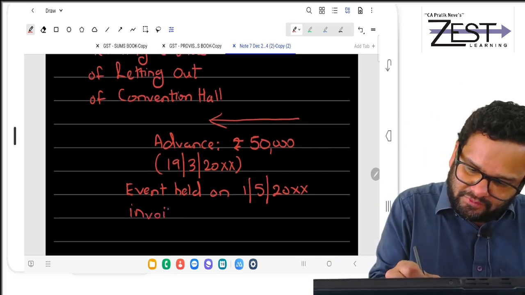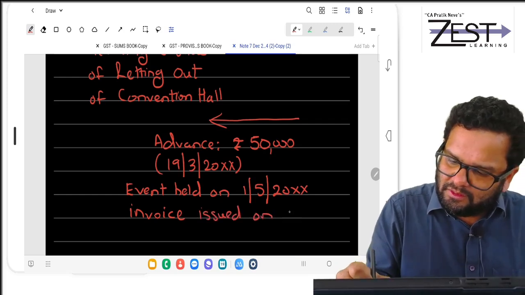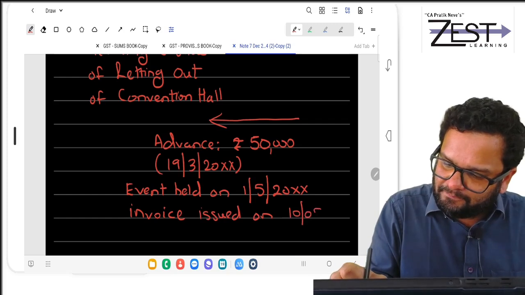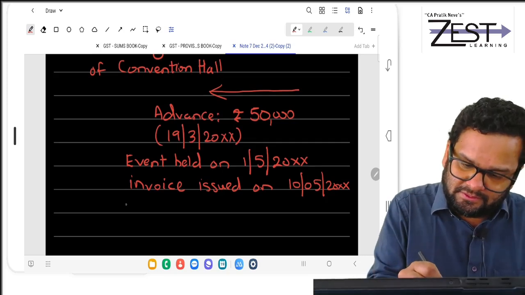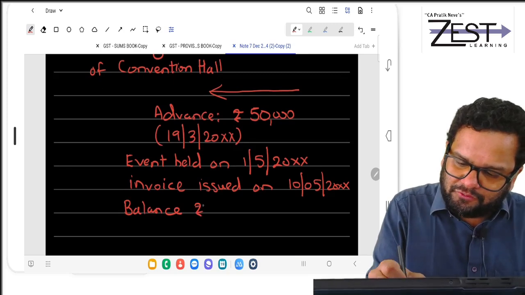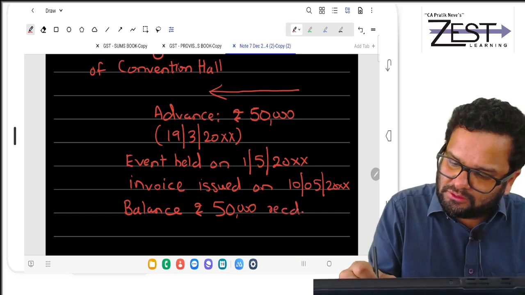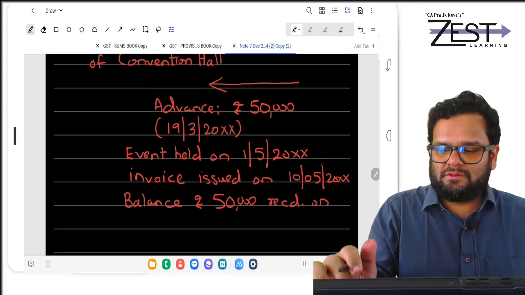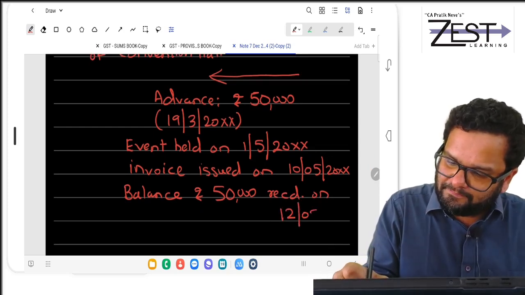Invoice issued on say 10th May and balance rupees 50,000 received on say 12th May.